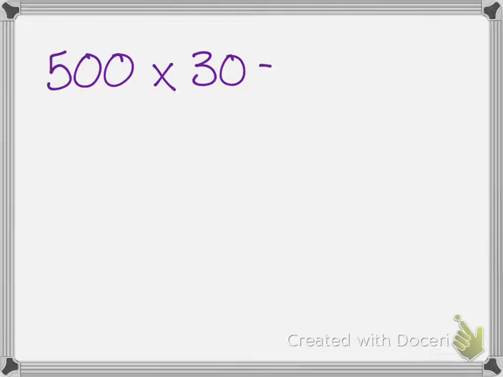Okay, let's keep going. All you need is your fingers and your brain to count and think. Here we go. 500 times 30. First thing you do, 5 times 3 is 15. What do we do next?